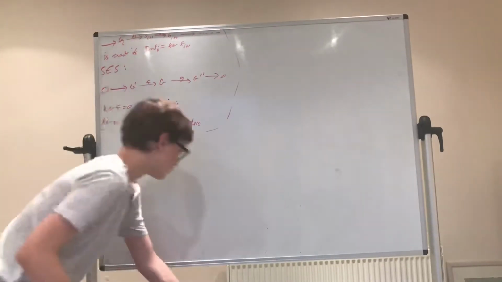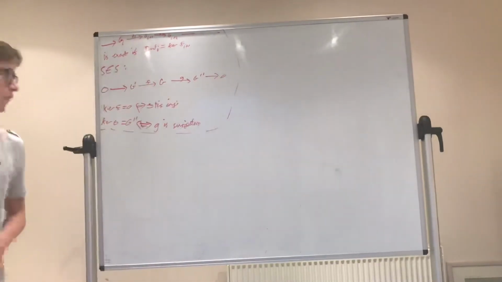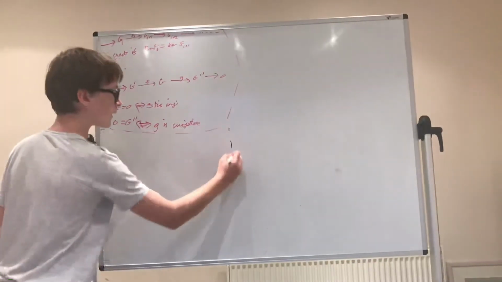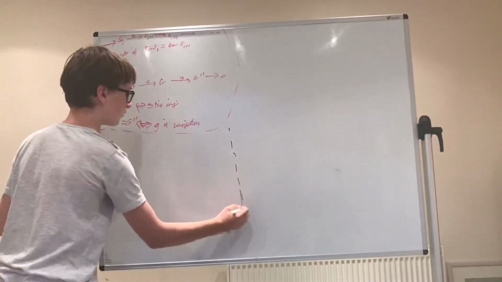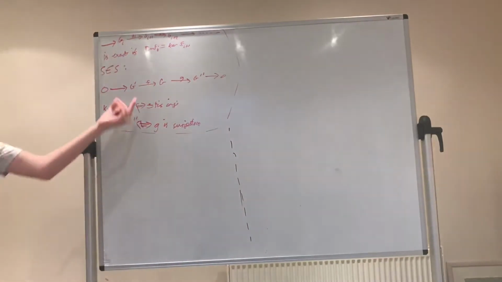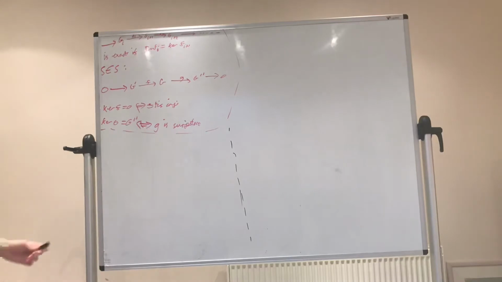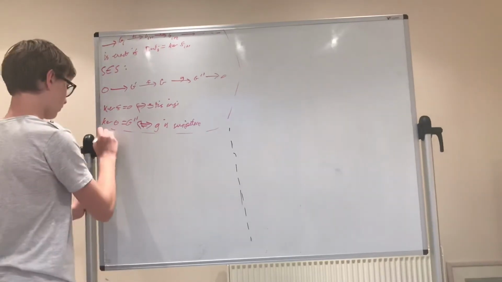Okay. Now, I'll prove the first isomorphism theorem, which is quite important because it gives us a nice little corollary which relates these short exact sequences with quotient groups. Okay, so the first isomorphism theorem.